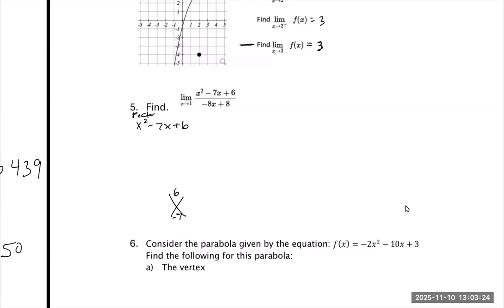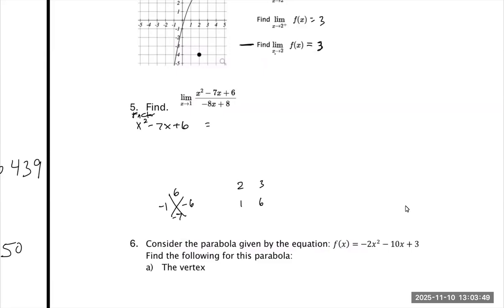What numbers multiply to 6? I'm thinking 2 and 3, but they add to 5, not 7. And what about 1 and 6? Those add to 7, but if I make them negative, they'll add to negative 7. So negative 1 and negative 6 multiply to be positive 6, and they add to negative 7.